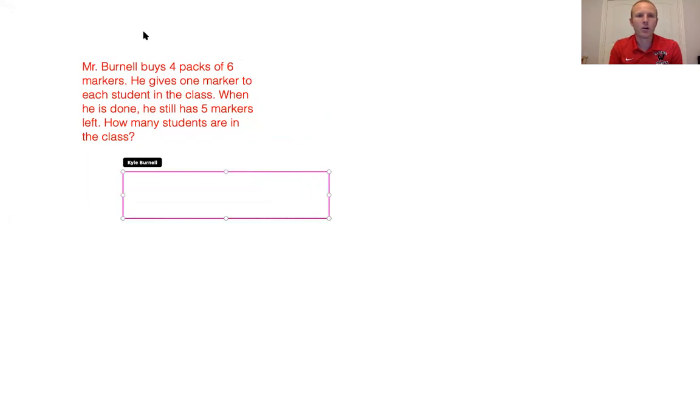And so we know already that I have 4 sections or 4 boxes, and we know that there are 6 in each. So we know the number of groups and the size of the group. So this is multiplication. 4 groups with 6 in each. So if I count by 6, I get 6, 12, 18, 24, giving me a total of 24.